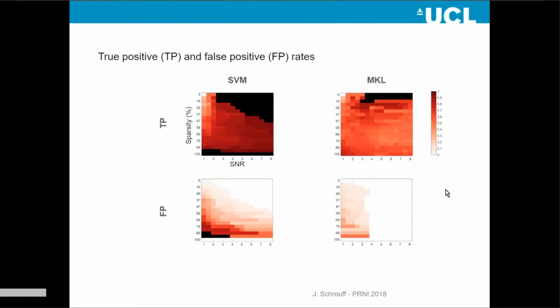And the last thing is looking not only at the false positives overall, but at the false positives in the top 10, which is a very arbitrary threshold, but that is often used in publications.